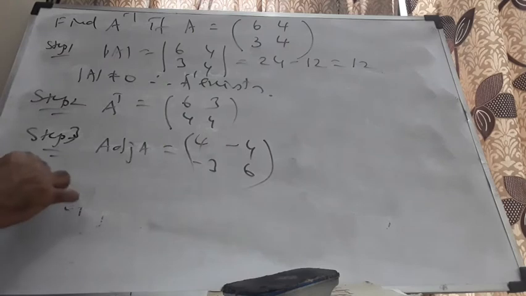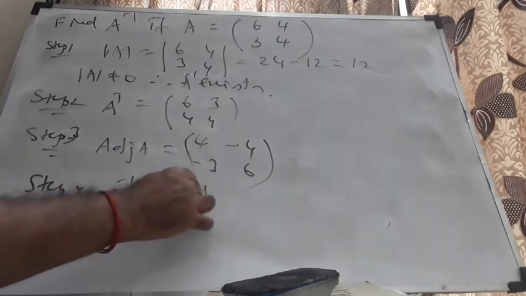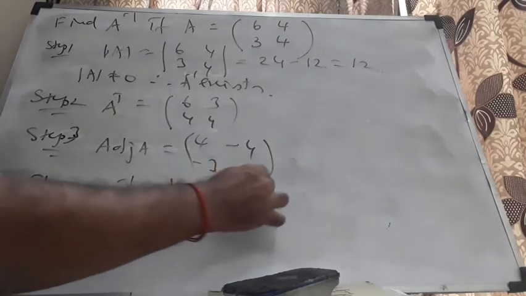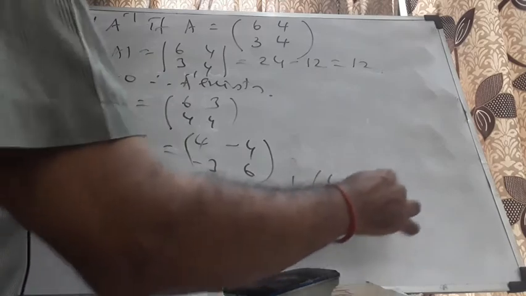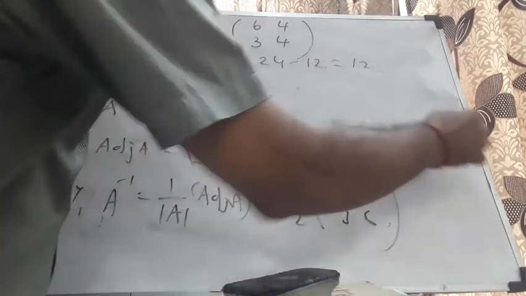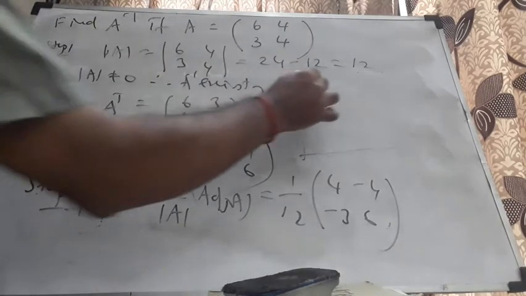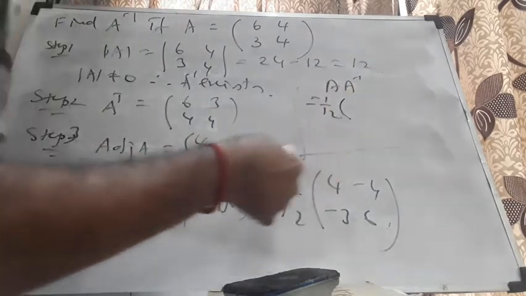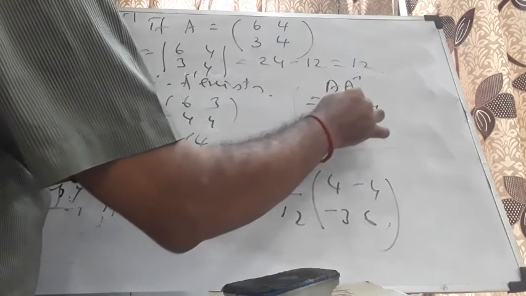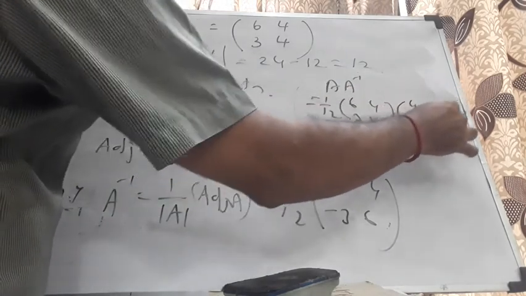Okay. Now step 4. A inverse equals 1 by determinant A into adjoint A, which is 1 by 12 into 4 minus 4 minus 3 6. You can easily check the answer. Just multiply A and A inverse. Being a constant, 1 by 12 is taken out, giving 6 4 3 4 times 4 minus 4 minus 3 6.